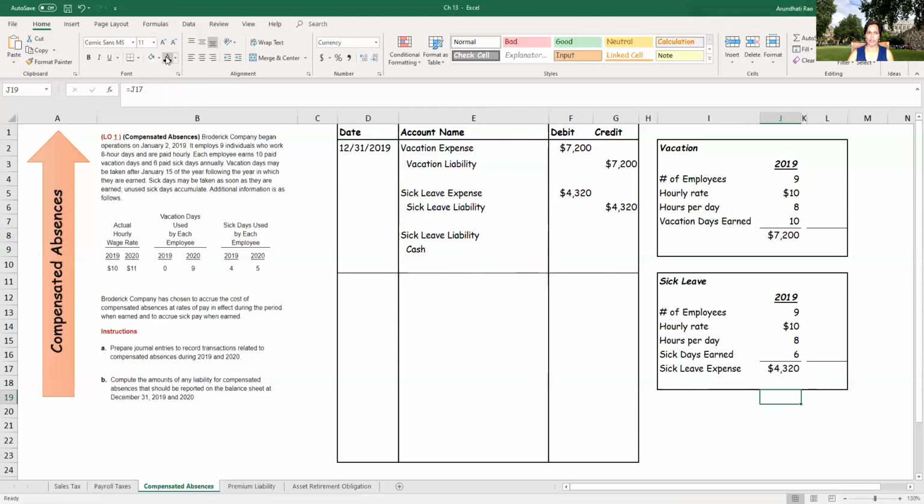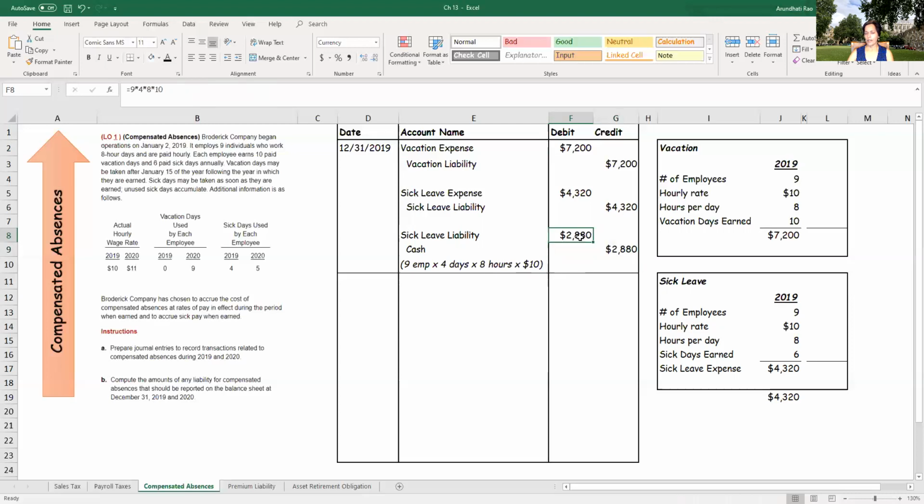Let's do the calculation: 9 employees times 4 days times 8 hours a day times $10 per hour. That works out to $2,880. That's how much they have.